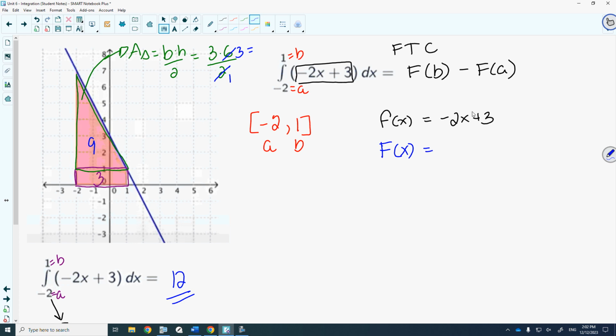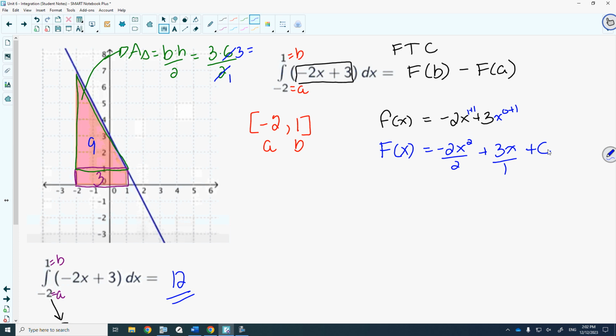We're going to add 1 to the exponent and then divide by that exponent. So this would be -2x, if I add 1, it'd be 2, divided by 2. This guy is x to the 0, so remember, we're going to add 1. So this will be 3x over 1. And then we're going to put the plus c, the constant of integration.